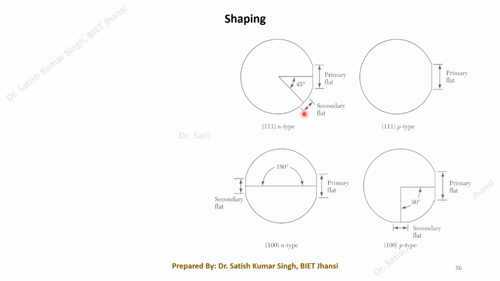In this case it is oriented from here, at a 45-degree angle. Similarly here, this flat is oriented 180 degrees out of phase, placed at a 180-degree angle. Similarly here, this flat is oriented at 90 degrees.